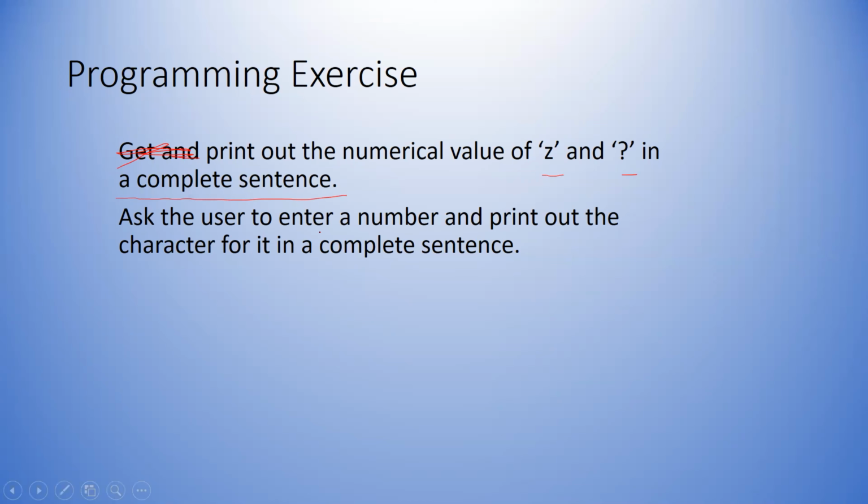So this means you will say the character Z has the numerical value of. You cannot do that. I'm not going to ask you to do that because right now we haven't learned that yet. So let's just print out the ordinal value of Z and question mark. Let's do that, everybody.